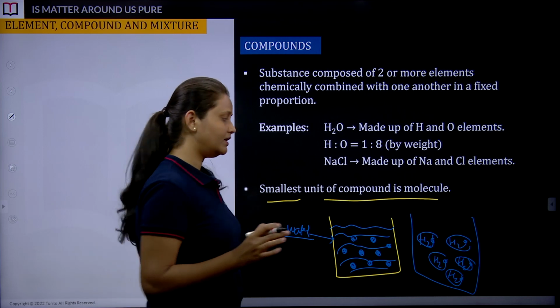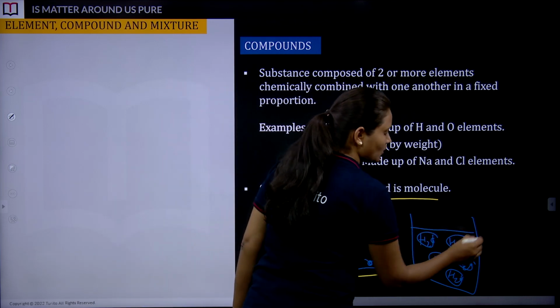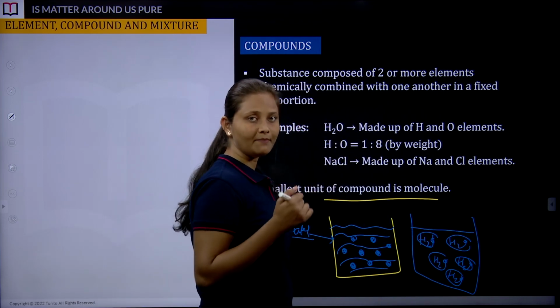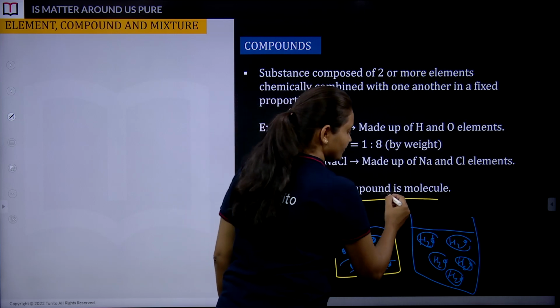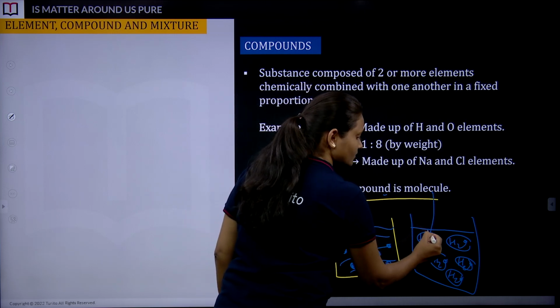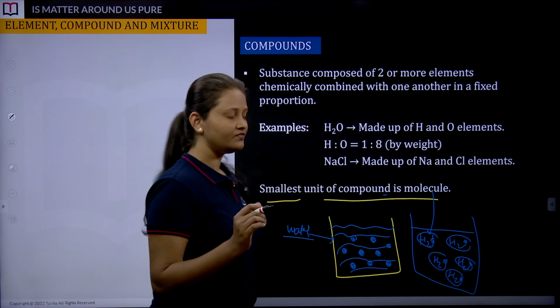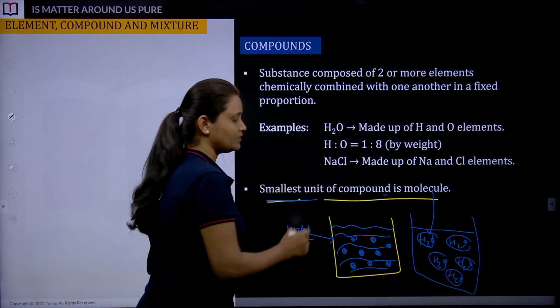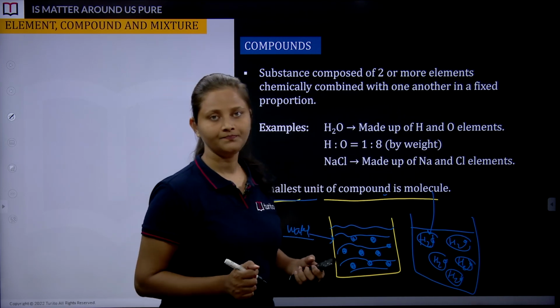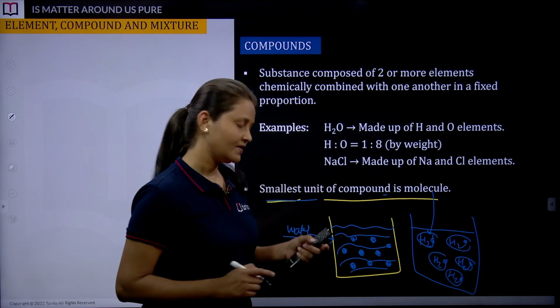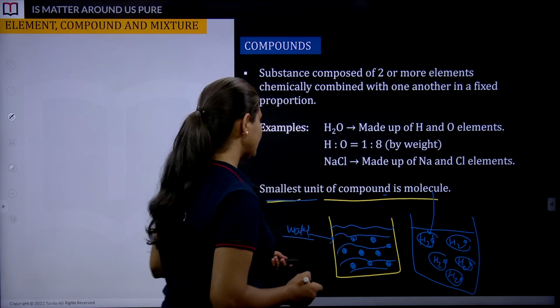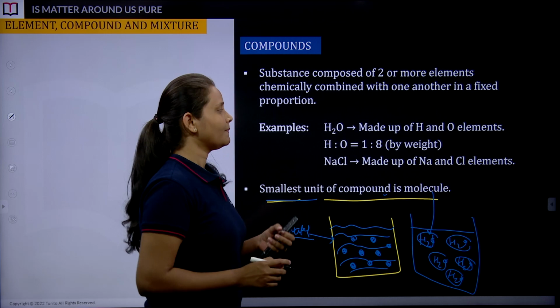Now if I ask you to tell me the smallest unit in this water compound, definitely you will say, ma'am, this is H2O, which is a molecule and which is the smallest unit of this compound. Let me give you another example. Suppose I am giving HCl.